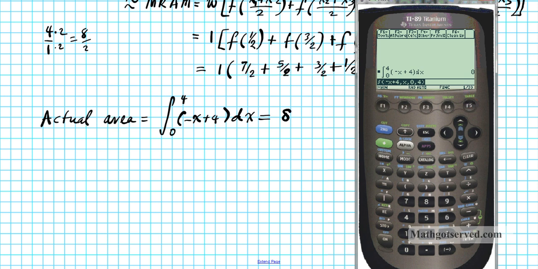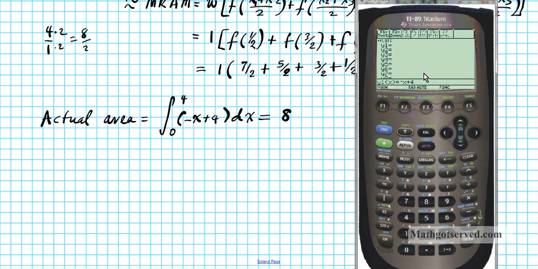Let me show you another way of doing it. Another way is to go to your graphing menu and enter your function, negative x plus 4. This approach is universal.